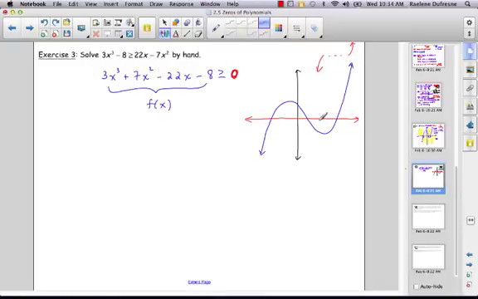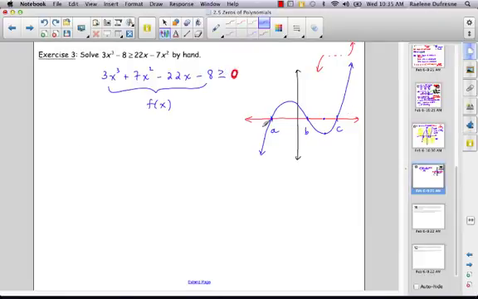Now it's hard to know if maybe these two x-intercepts will converge here and turn around like this. But let's just imagine that we've got three distinct x-intercepts. If those values are called a, b, and c, you should have no trouble solving for where the blue graph lies higher or on the x-axis.